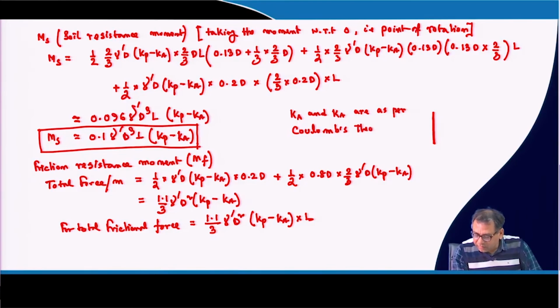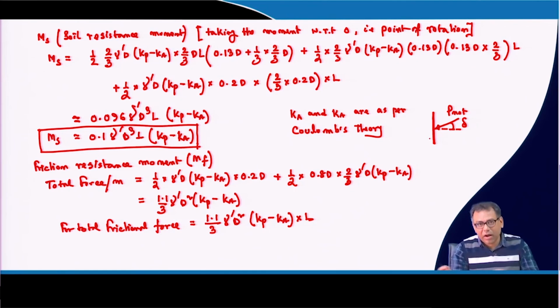According to Coulomb's theory, P net is acting at a friction angle delta. The horizontal force acts with a value of P net into cos delta, but the friction force will act with a value of P net sin delta.